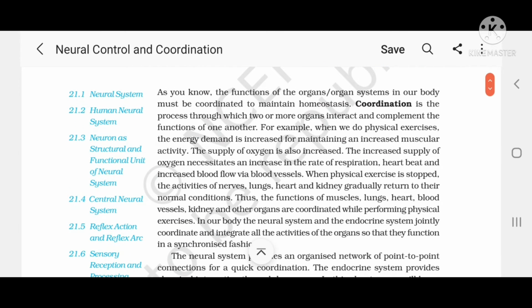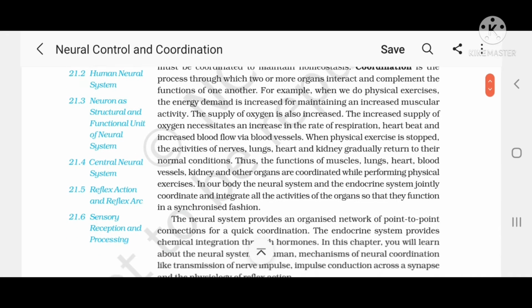When physical exercise is stopped, the activities of nerves, lungs, heart and kidney gradually return to their normal conditions. Thus, the functions of muscles, lungs, heart, blood vessels, kidney and other organs are coordinated while performing physical exercises.